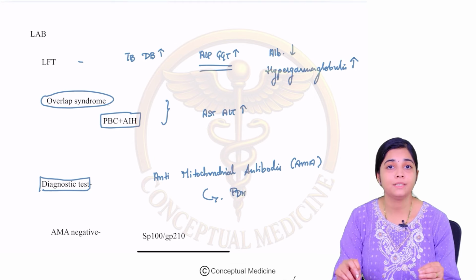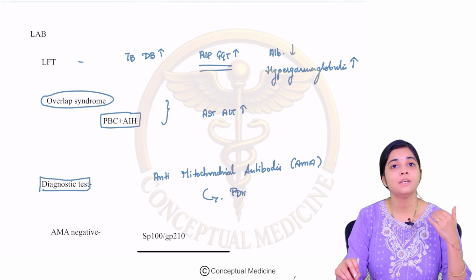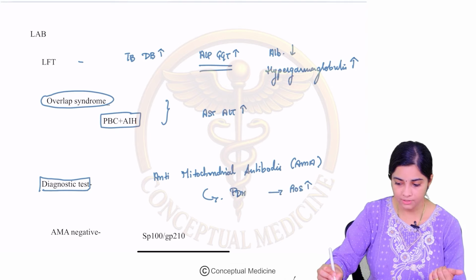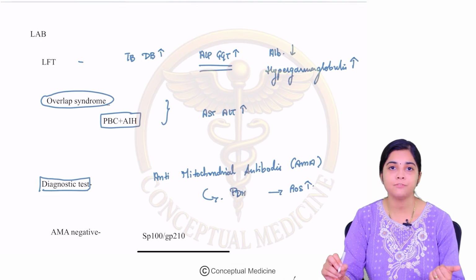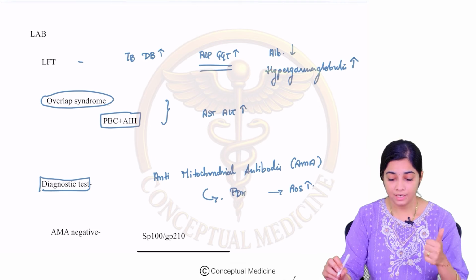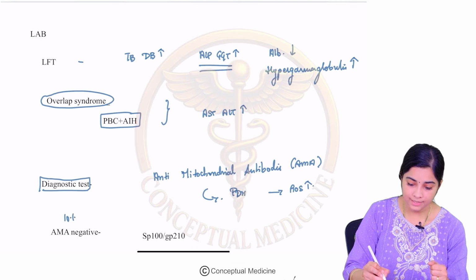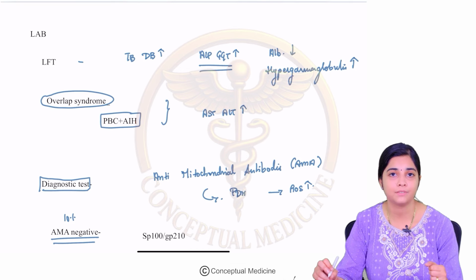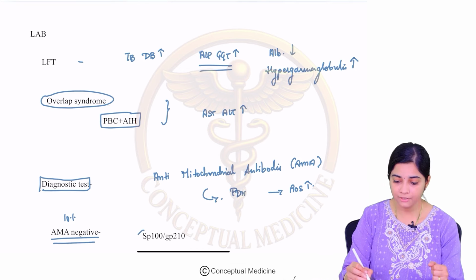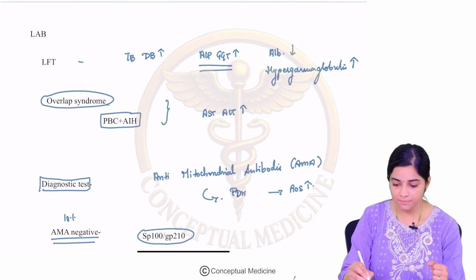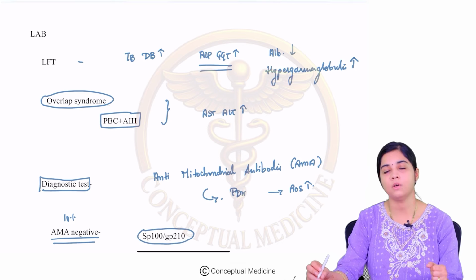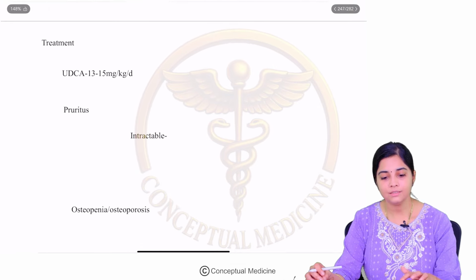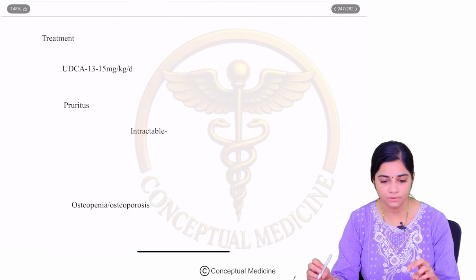So, when the pyruvate dehydrogenase complex is damaged, then there can be generation of reactive oxygen species. The reactive oxygen species increase and there can be further damage to the liver. About 10% of the individuals can be AMA negative, and in those individuals we use SP100 and GP210 as your markers. Okay, fine.